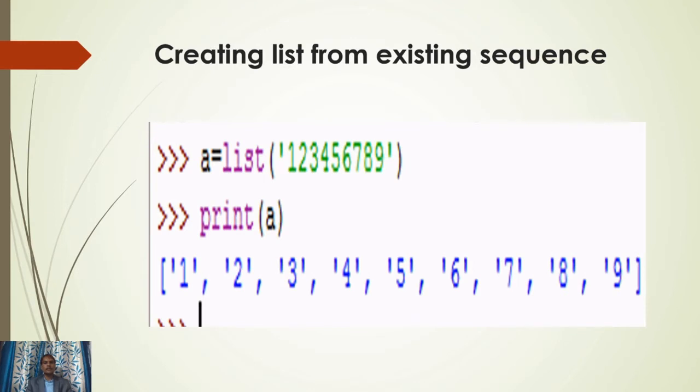See this example. I have added 1 2 3 4 5 6 7 8 9 enclosed in single inverted comma. When I create a list for this sequence, I get everything in a square bracket separated with comma.